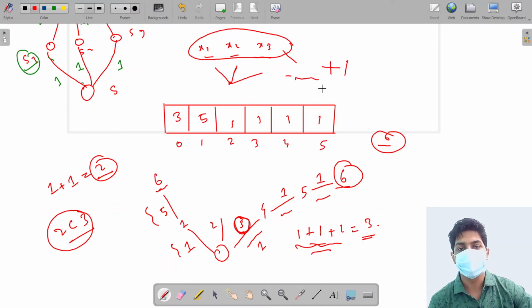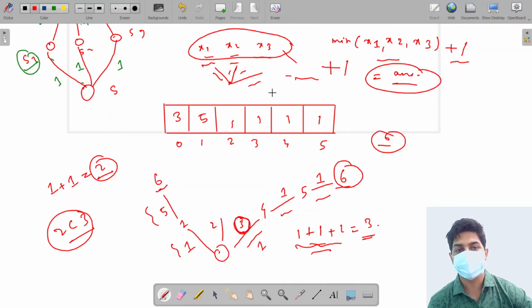Our answer will be the minimum of all these 3 plus 1, because the jump I am taking from here to reach x1, x2 and x3 is my jump which I have taken. So this is what we are going to use.